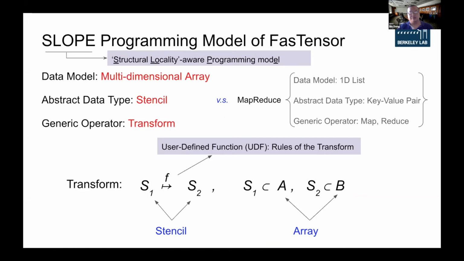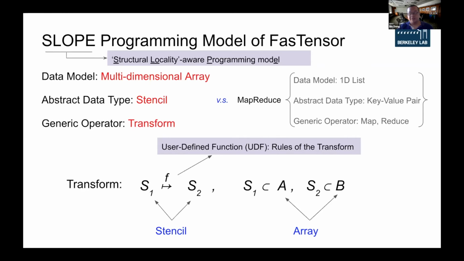In SNOPE, you have a multi-dimensional array as your basic data structure, but in MapReduce, you have a 1D list, particularly a 1D key-value list. SNOPE uses the stencil as an abstract data type to express operations. In MapReduce, you have the key-value pair as a logical data type for the user to describe operations. In MapReduce, you have two operators, map and reduce. In SNOPE, you only have one operator named transform.